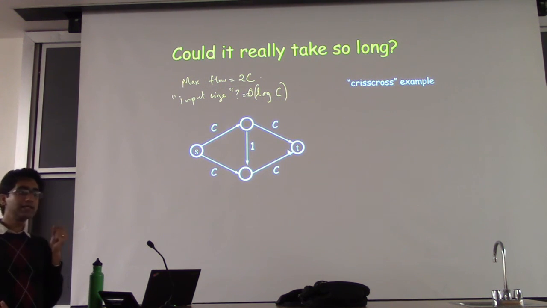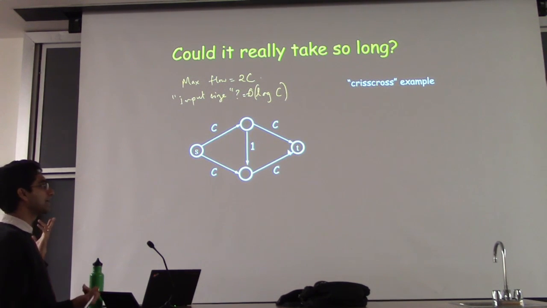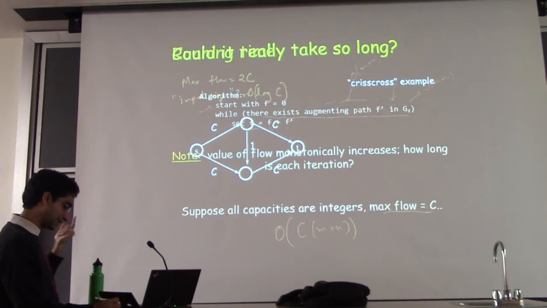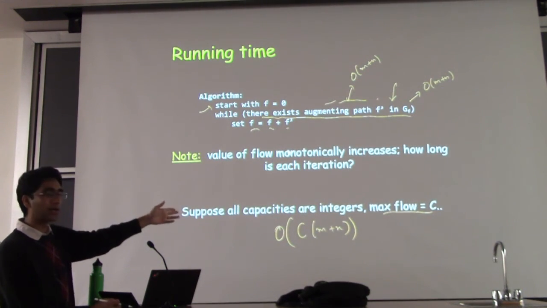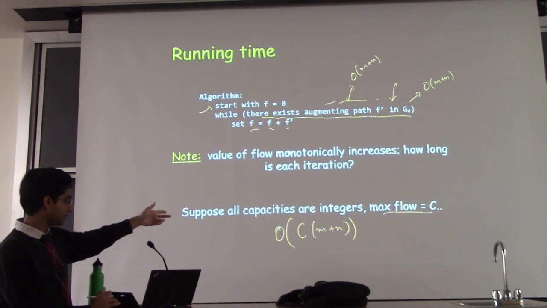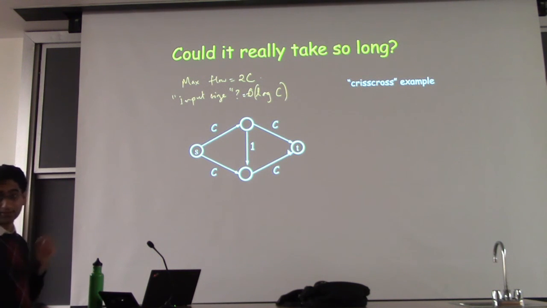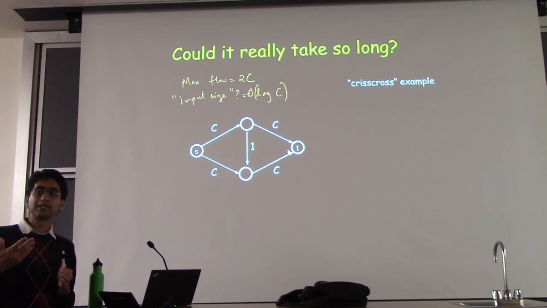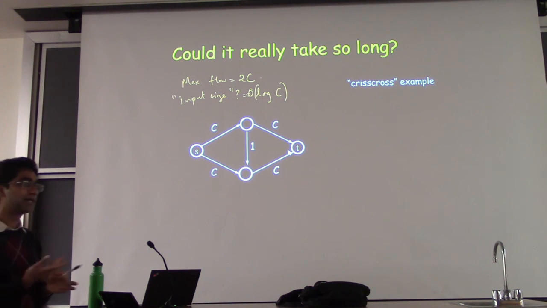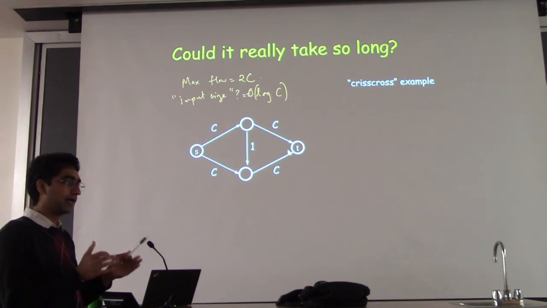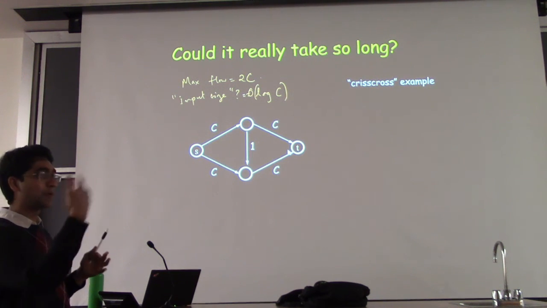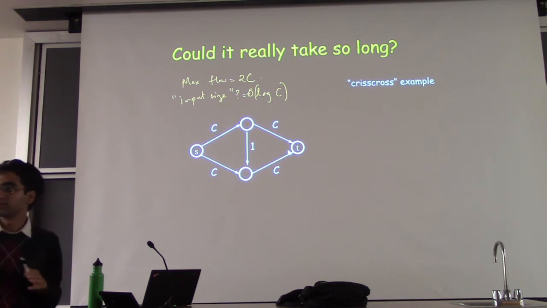But now in this graph, suppose I tell you there's an algorithm with running time O of C. It's m plus n, and m and n are constants here. So the algorithm has running time O of C. That's actually exponential in the input size, because the input size is only log C.